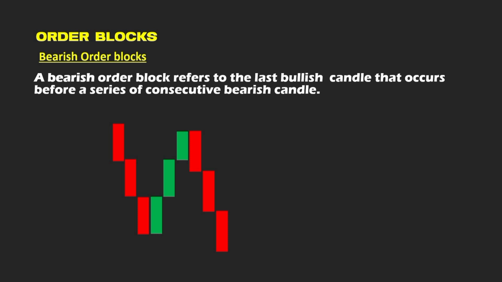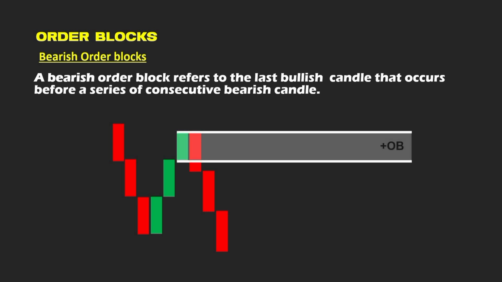Hence, in a downtrend, note that the green candle stands for bullish and the red candle stands for bearish. The last green candle before the consecutive series of red candles will be our order block, so mark it out as our order block.